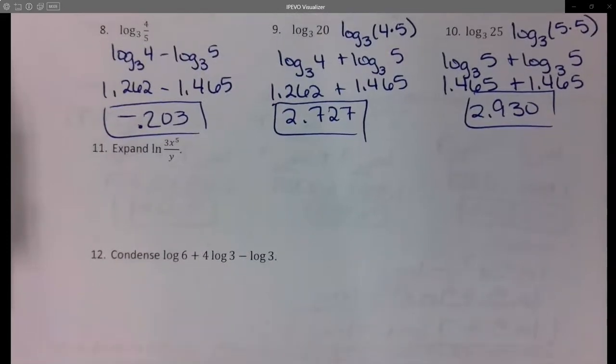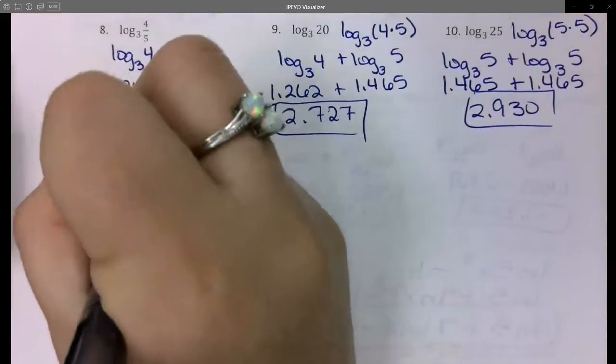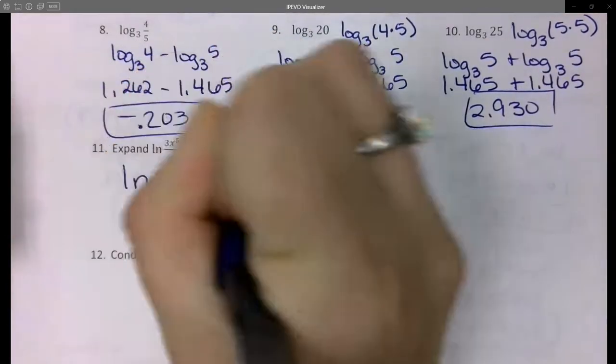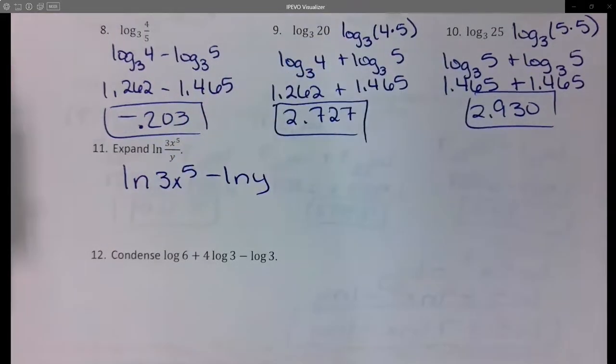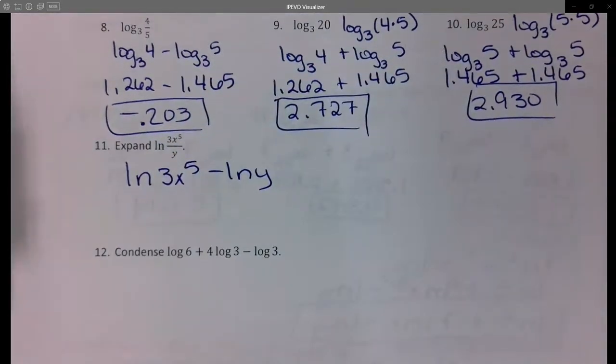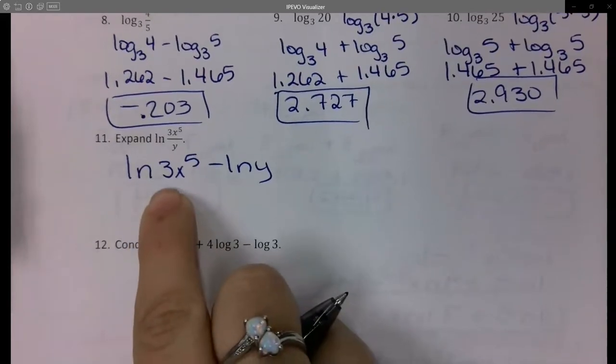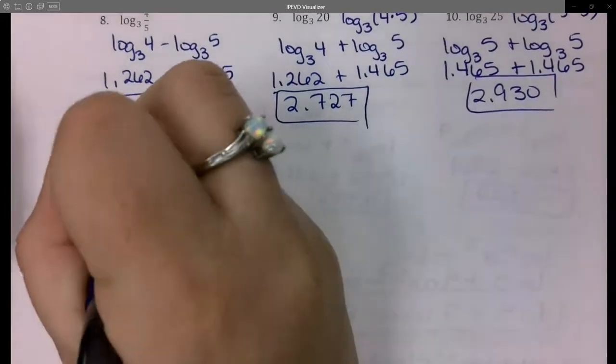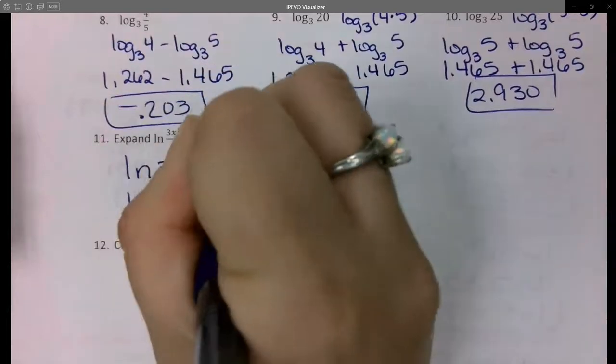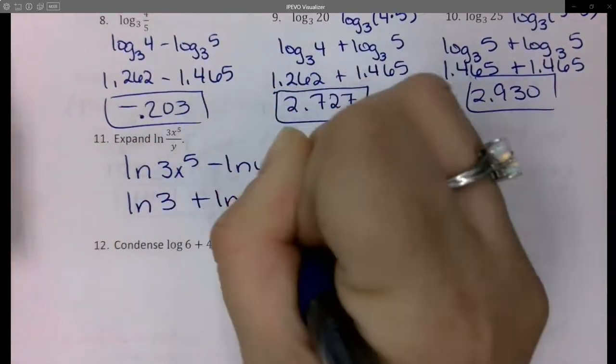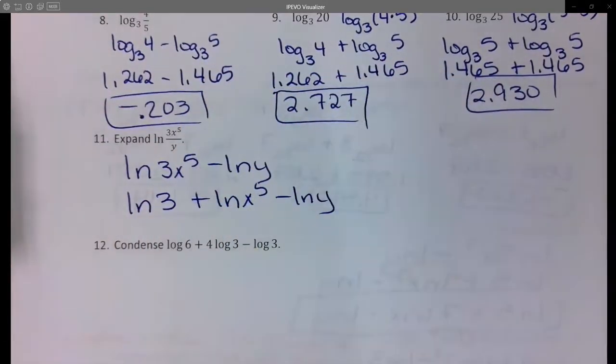Okay. Number 11 wants me to expand, so I'm going to start with the division part. So I'm going to have ln 3x to the 5th minus ln y. Remember, division turns into subtraction. Then I can split this one into two parts because it's two things being multiplied to each other. I'm going to have ln of 3 plus ln of x to the 5th minus ln y.